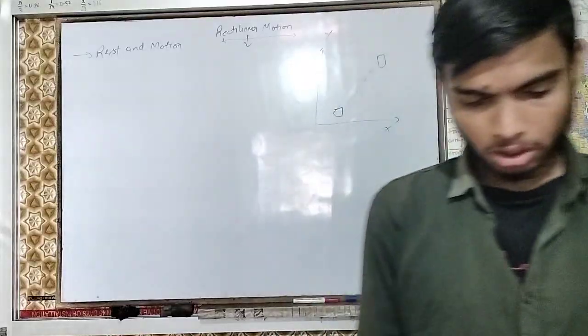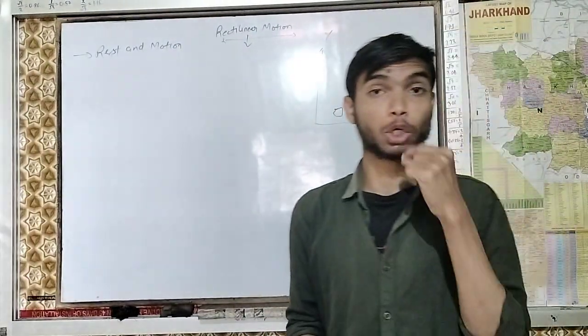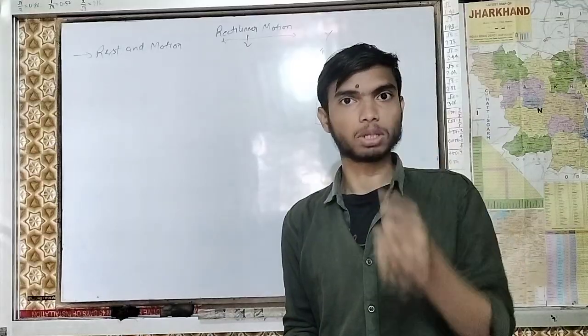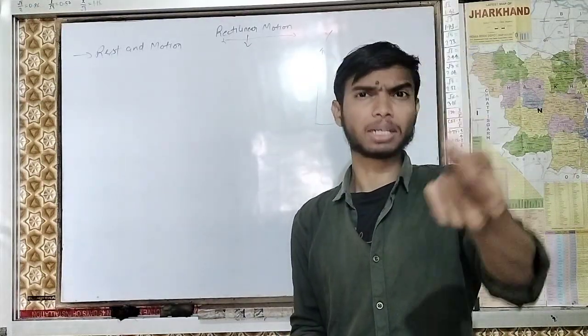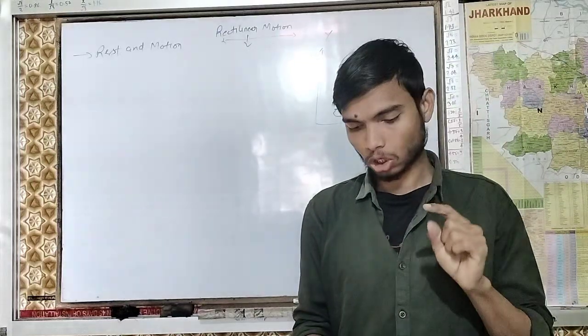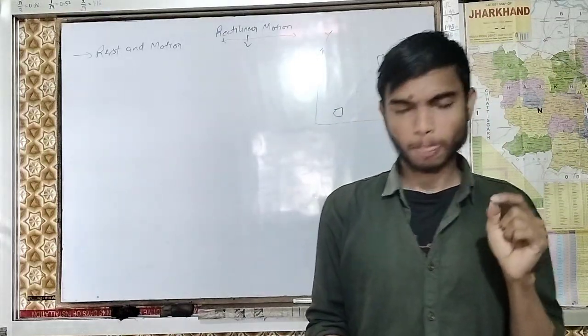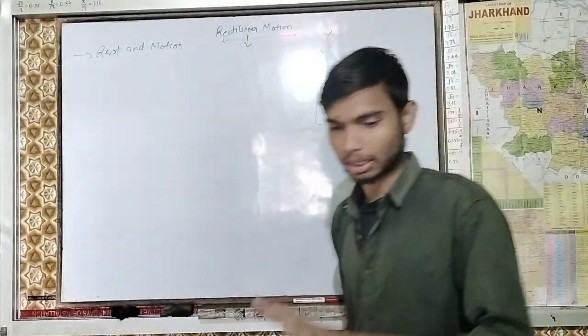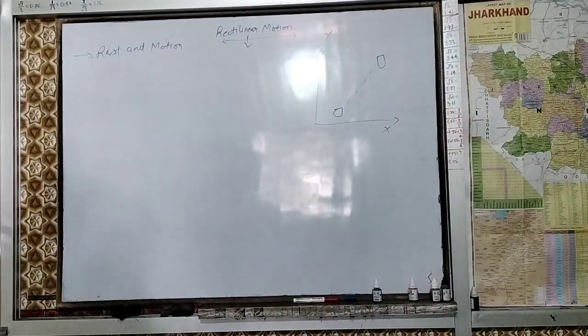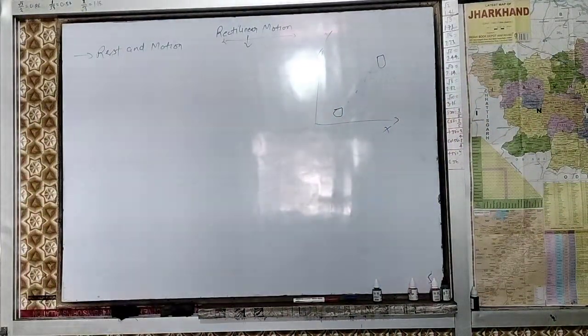Okay, it's enough. Now next, one point that we need to remember for this part and for another part which will be linked to each other in this subject. The next thing to note is that rest and motion are relative. Both are relative. They are not absolute. How are they relative?